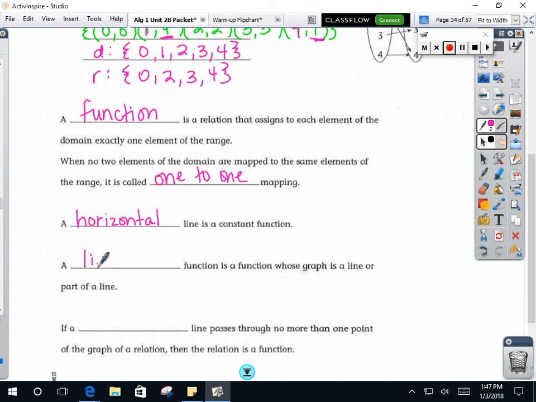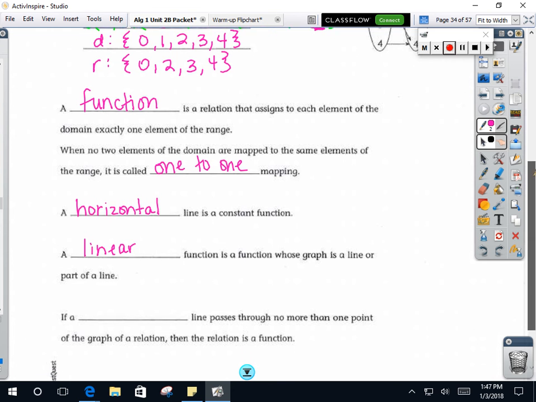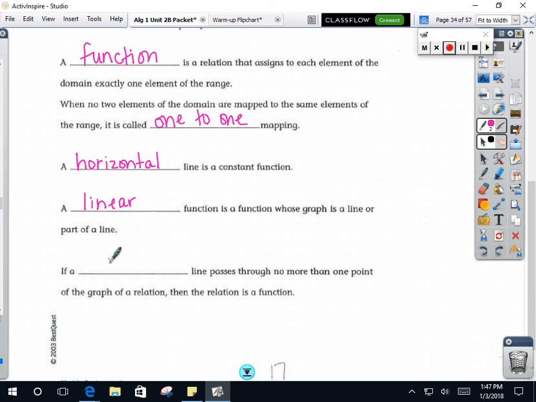No. A linear function is a function whose graph is a line or part of a line. And then if a vertical line passes through no more than one point of the graph of a relation, then the relation is a function. Now that's probably something you've heard before. It's called the vertical line test. Okay, go to the next page and we'll talk about how it works.